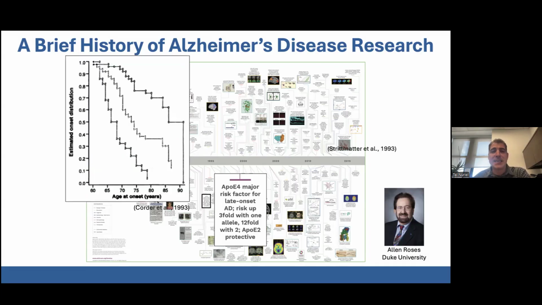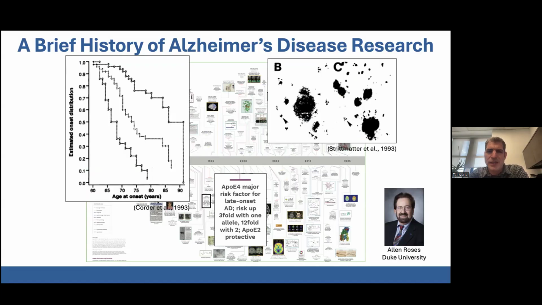But at that point in 1993, his lab put out two, I think three, seminal research papers. The first one on the left here is basically showing, in this larger cohort of individuals who developed Alzheimer's disease, and he did some genetics, which was much more complicated back then, that people with one copy of this APOE4 variant, and even more so with two copies of this APOE4 variant, had a higher likelihood of getting Alzheimer's disease and developed Alzheimer's disease at an earlier age.